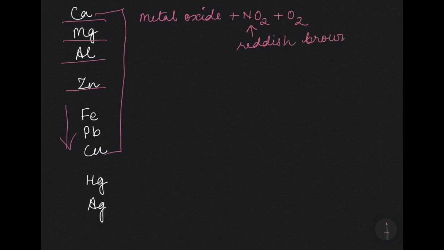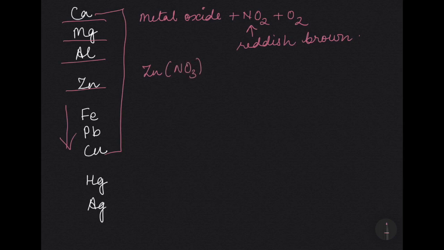Children, these colors are very, very important. Okay. The test. What you observe. If you get what you observe, what is your observation, you will see the formation of reddish brown gas, reddish brown fumes.